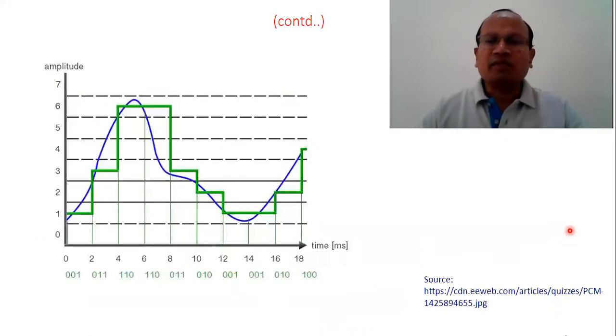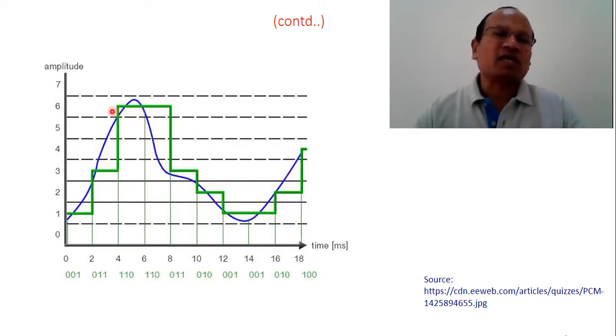This is one example where we can understand that the sampled data is first of all approximated as a green colored signal here, which is the quantized signal, and this quantized signal is then subjected to the encoding process, where we divide the entire range into a number of steps.